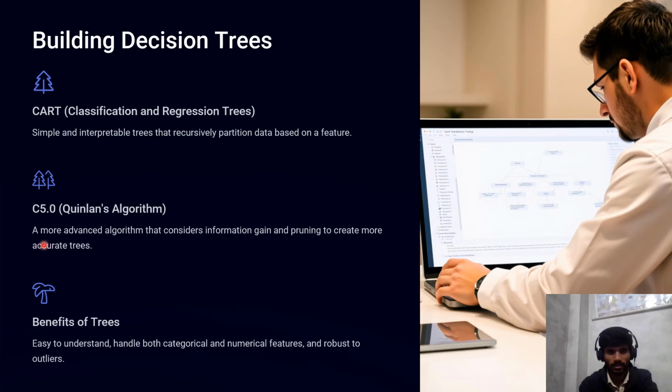Second is the C5.0 algorithm: a more advanced algorithm that considers information gain and pruning to create a more accurate tree. And second is benefits of trees: easy to understand, handle both categorical and numerical features and robust to outliers.